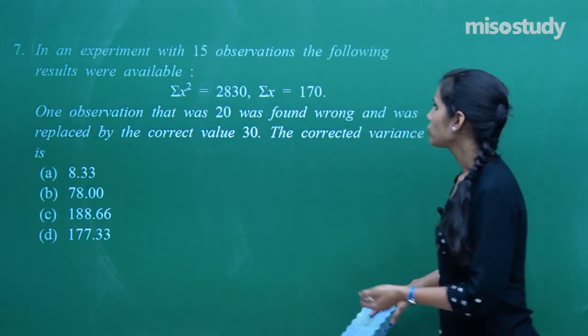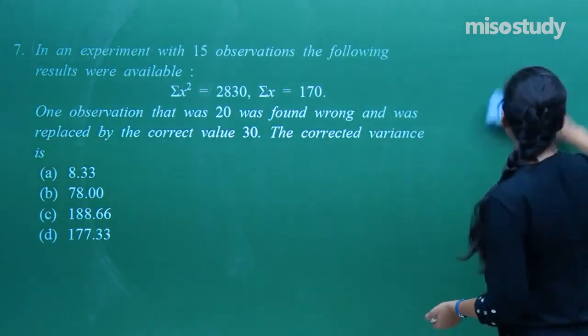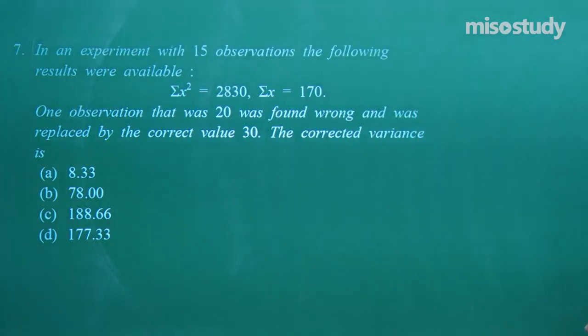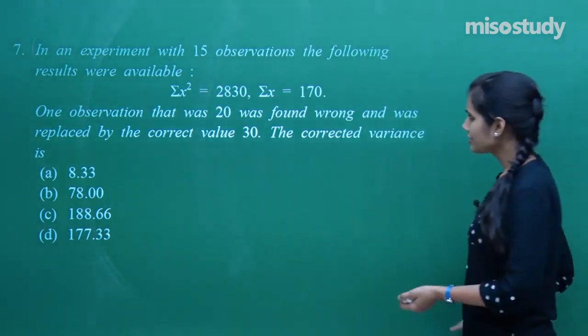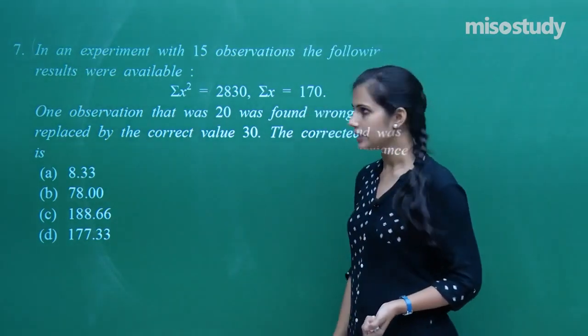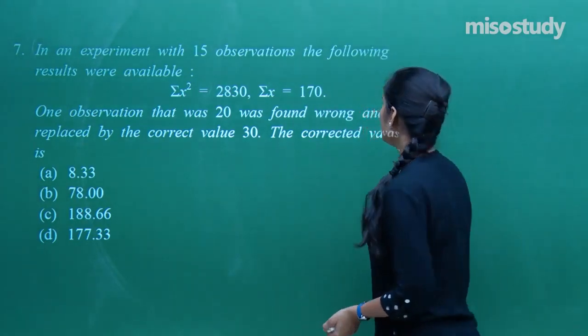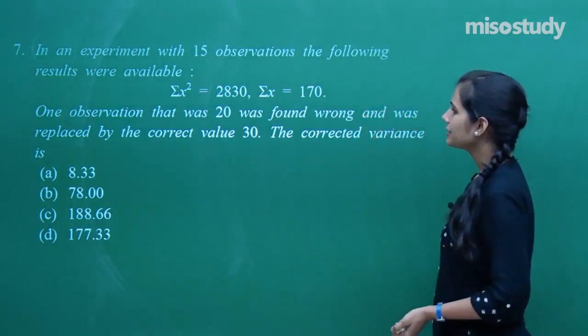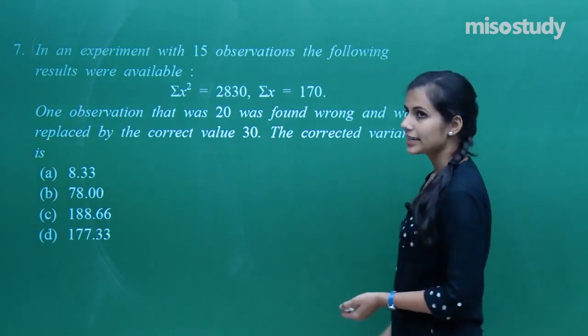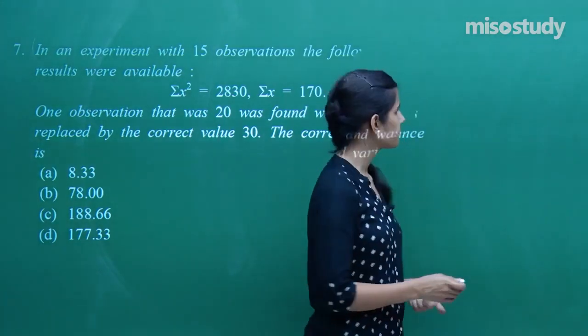When you add the square of all the observations, the answer is 2830. And when you add just the observations, the answer is 170. One observation that was 20 was found wrong and was replaced by the correct value 30. What is the corrected variance?